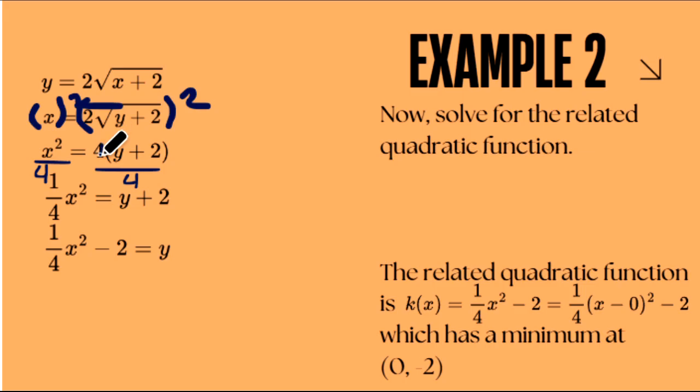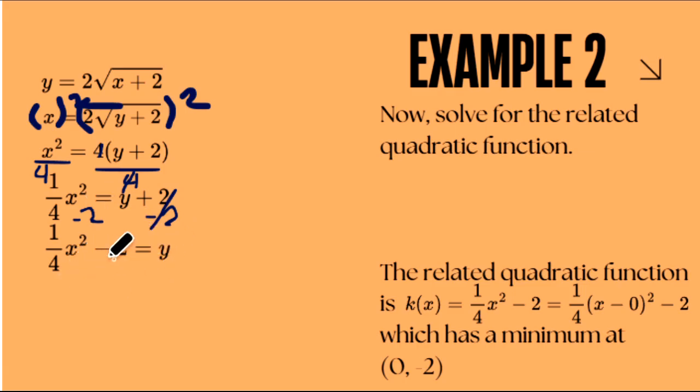Okay. Now this and this cancel out, and we have our y plus 2. Then all they're doing is getting y by itself. Subtract 2 from both sides. Okay. And that leaves us, these cancel, with just y, and we have 1/4 times x squared minus 2. Okay, it's written backwards. Usually we see y equals and then this stuff.